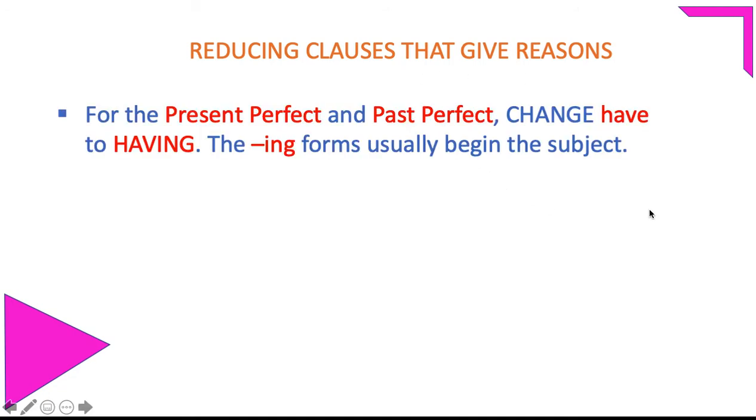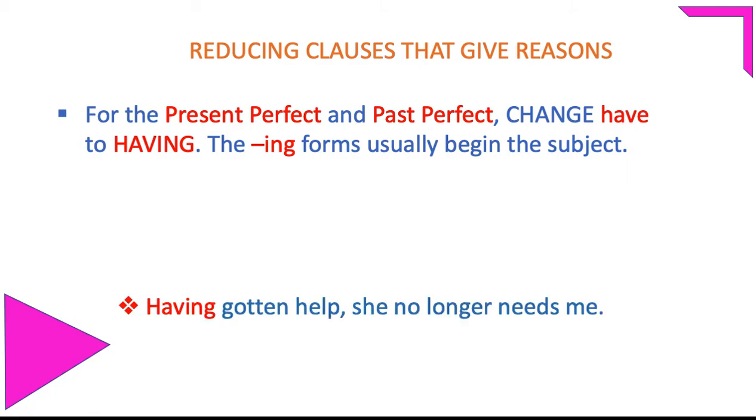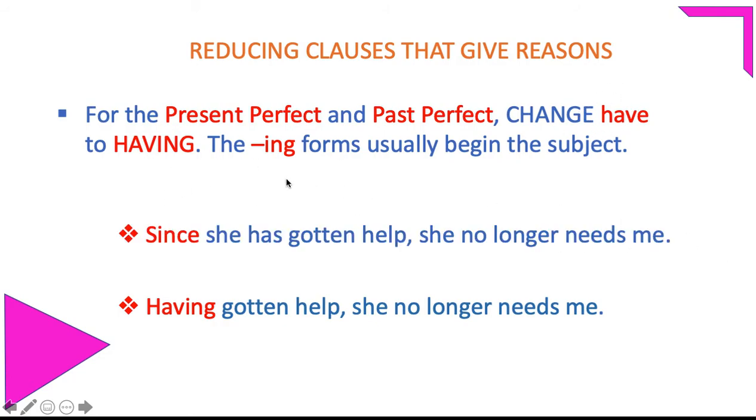Now let's focus on reducing clauses that give reason, but this time for the present perfect and past perfect. So what do we have to use, or what do we have to change? Well, we have to change have for having, and then we have to use ing forms, and they usually begin the subject, like the example provided.